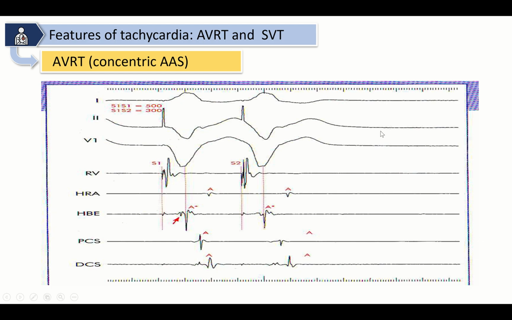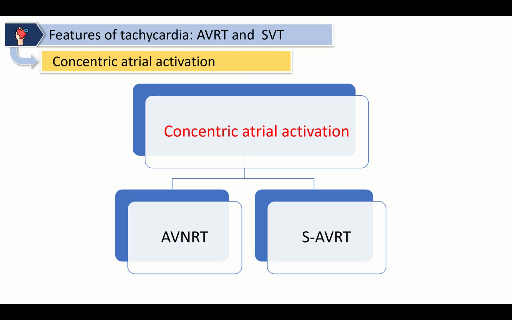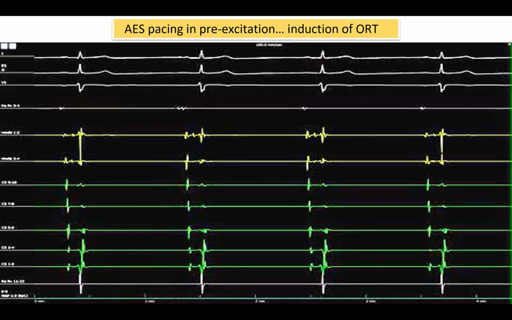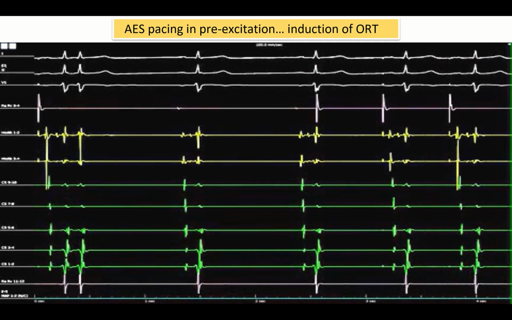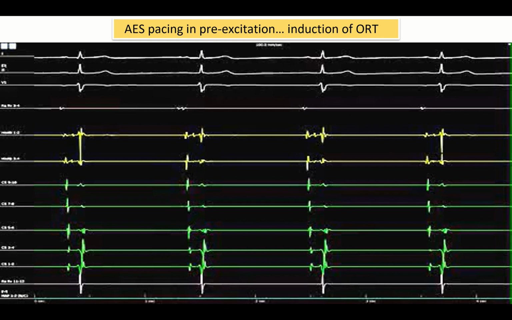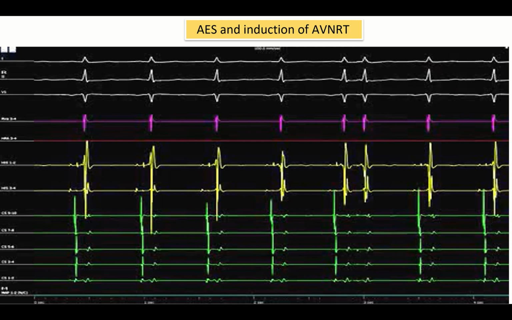So it is concentric atrial activation, and it is an example of septal accessory pathway. Golden rule, eccentric atrial activation, it is accessory pathway. Concentric activation, you have to think about, is it septal accessory pathway or a case of AVNRT? And this is a case of atrial activation. We give extra stimulus and we induce the orthodromic tachycardia.